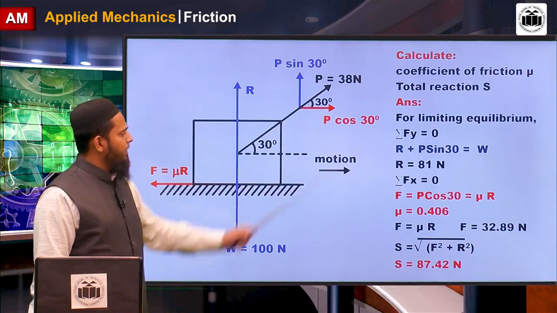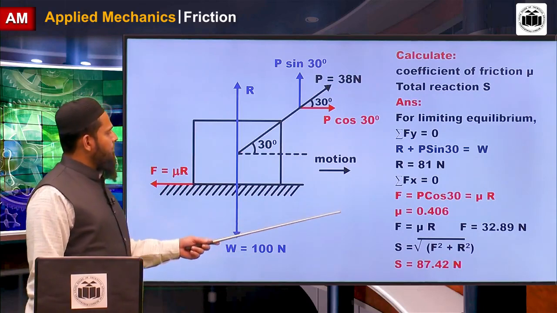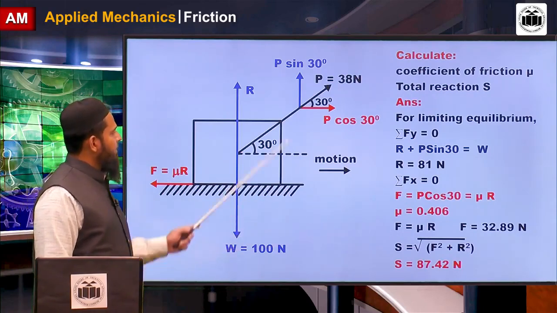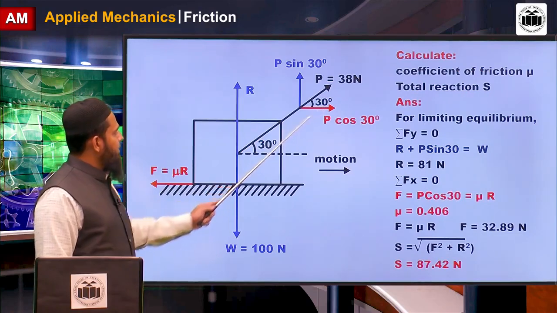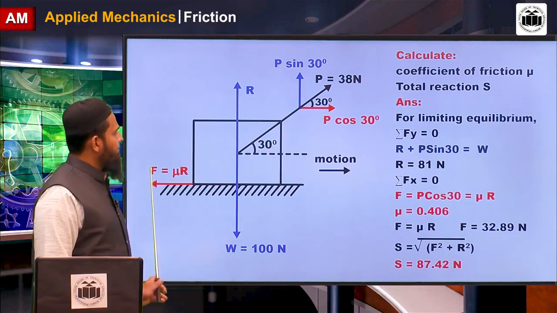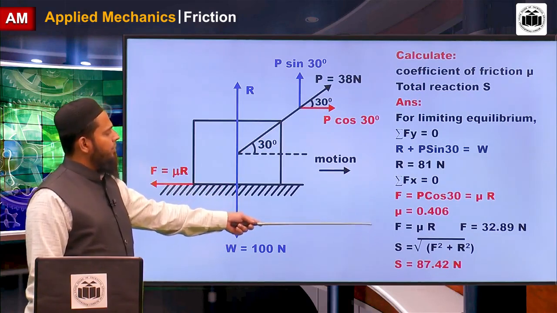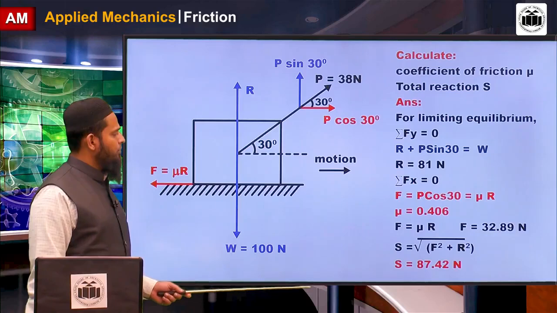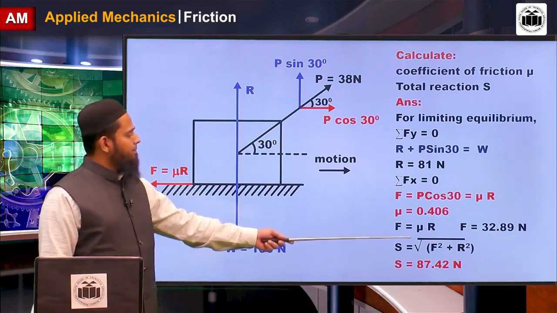R is equal to 81 Newton. Summation Fx is equal to 0. Second condition means P cos 30 is balanced by F. F is equal to mu R. Mu is now calculated.